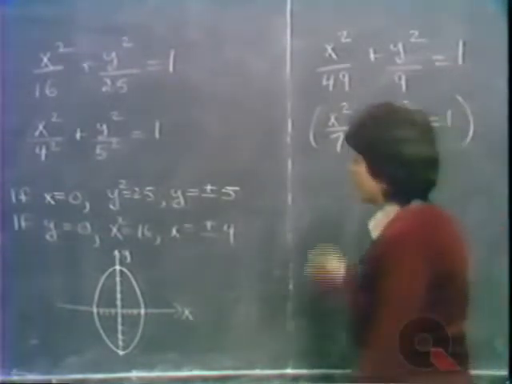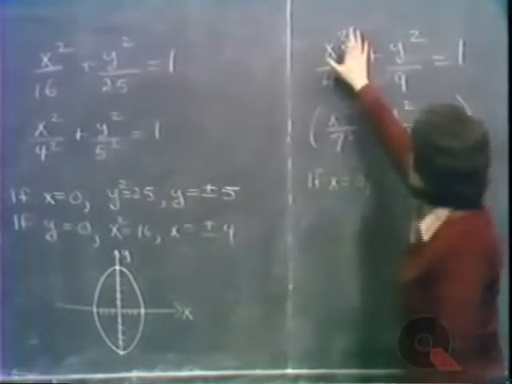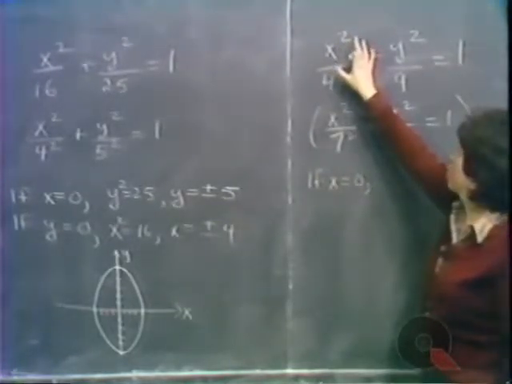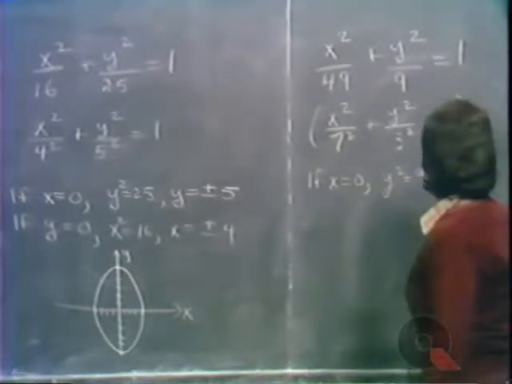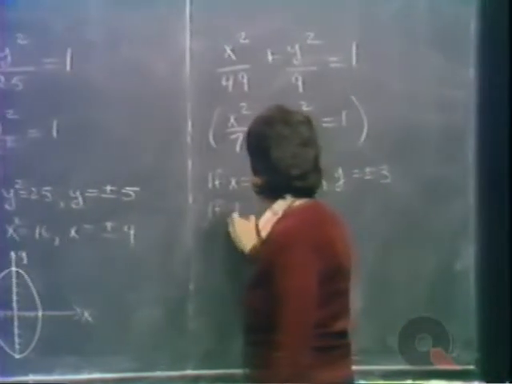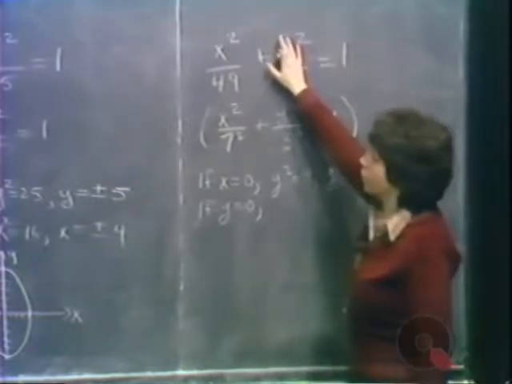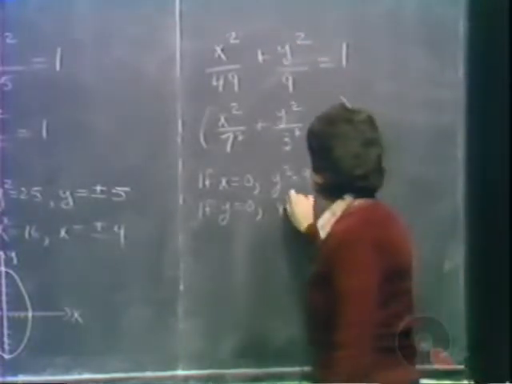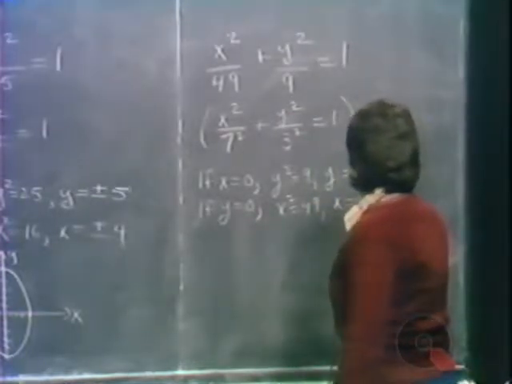To get the intercepts, if x is equal to 0, y squared over 9 equals 1, y squared equals 9, y equals plus or minus 3, and if y equals 0, x squared over 49 equals 1, x squared equals 49, x equals plus or minus 7.